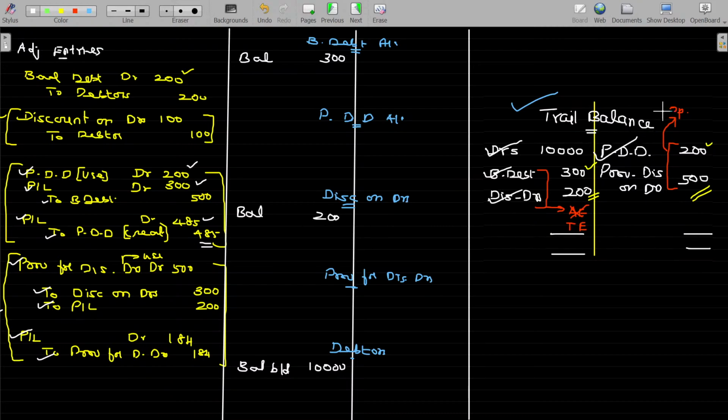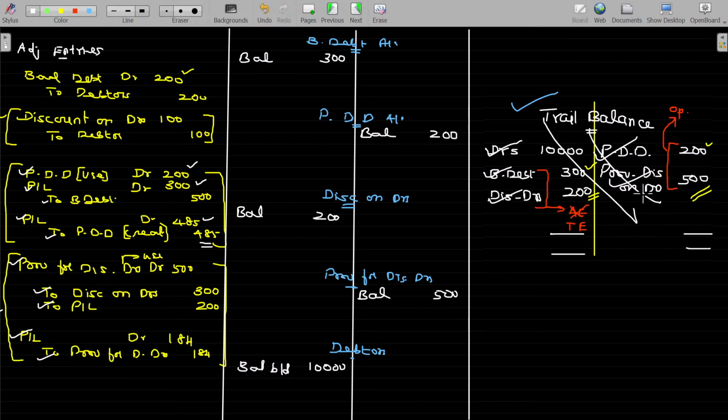And PDD, provision for doubtful debts, balance in the beginning, credit side 200 rupees. Provision for discount on debtors, opening balance should be in the credit side, the value being 200. 500 rupees. Very good.